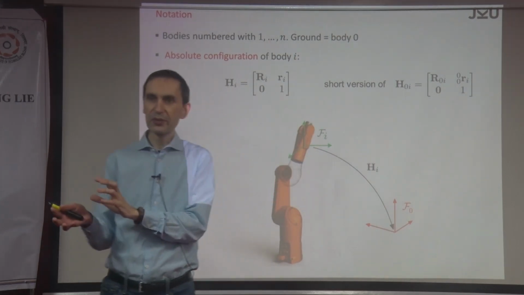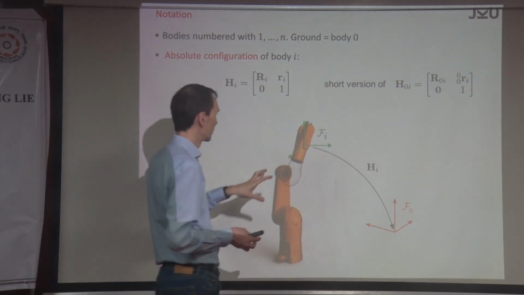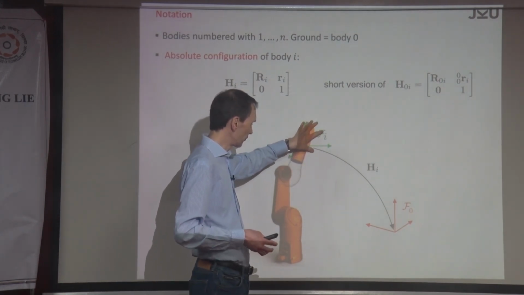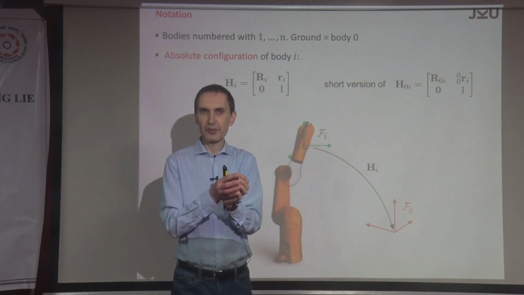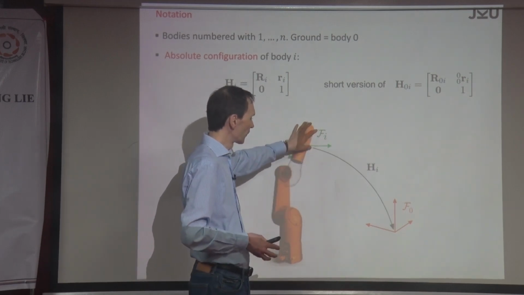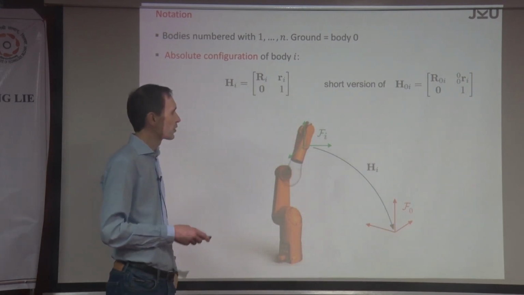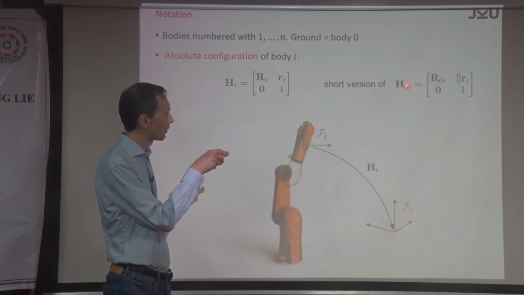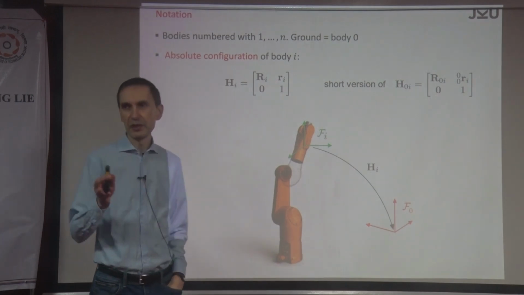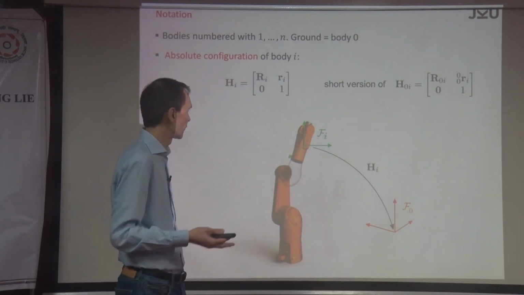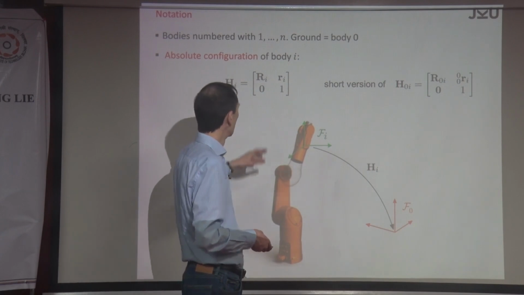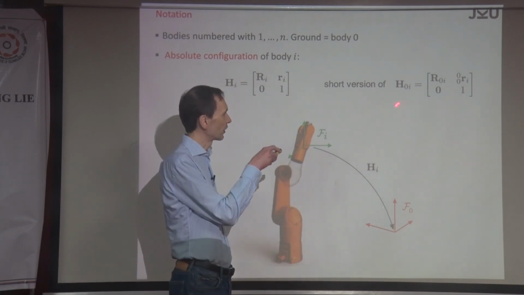Pose means position and orientation, right? So the pose of a frame relative to the inertial frame. Whenever we refer to the inertial frame, which means index 0 as the beginning, we just omit it because that's much easier. The 0 we can drop, it's always like this.